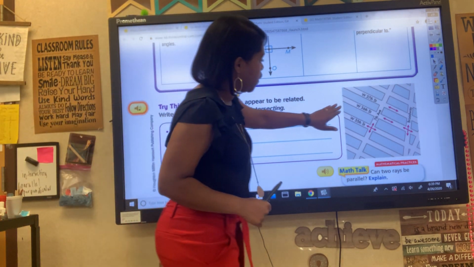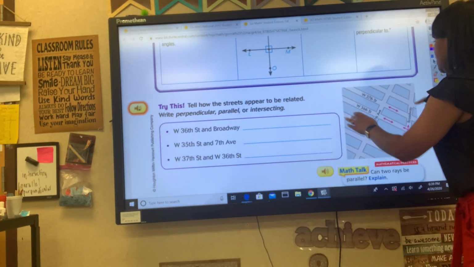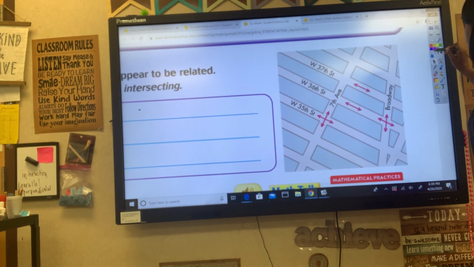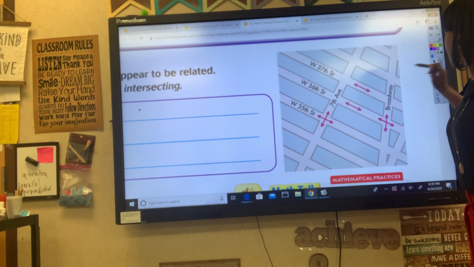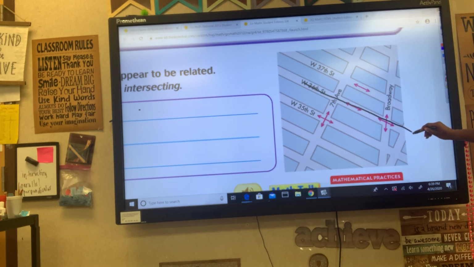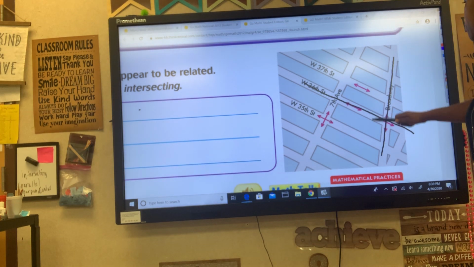West 36th and Broadway. So I want to zoom in so you can look closer. So here's West 36. Here's Broadway. Now look at how these lines are crossing.